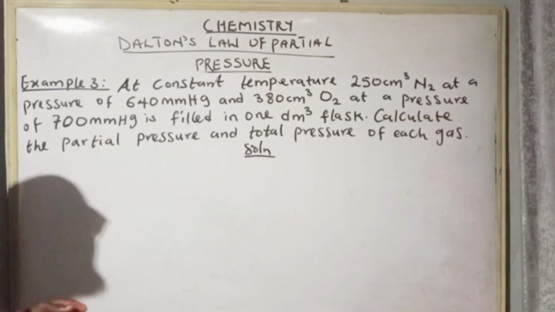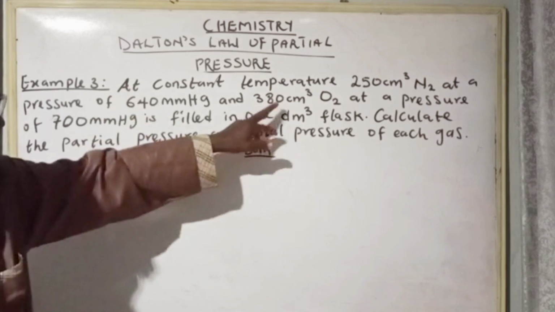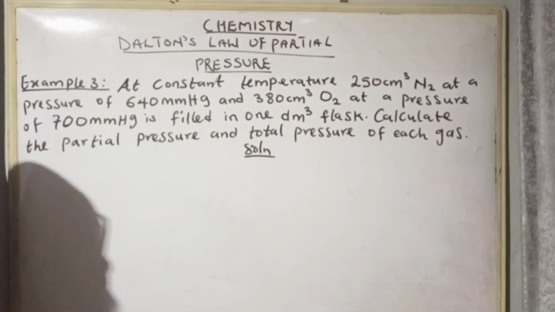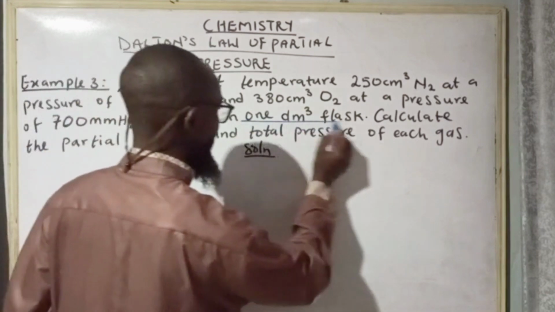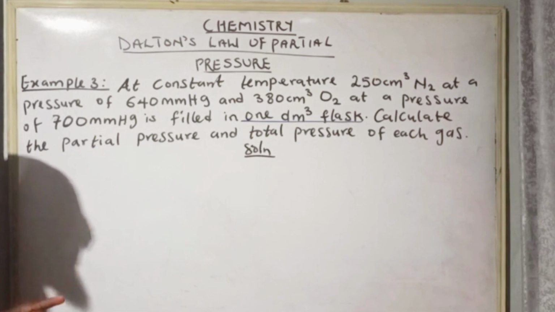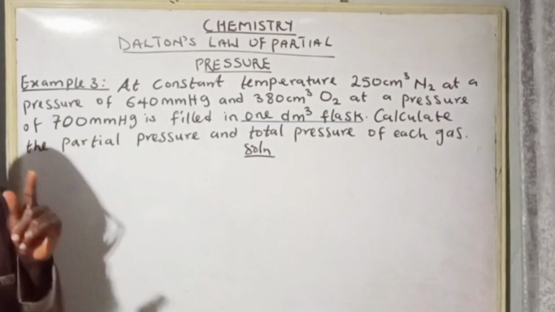Example 3. At constant temperature, 250 centimeter cube of nitrogen at a pressure of 740 millimeter of mercury and 380 centimeter cube of oxygen at a pressure of 700 millimeter of mercury is filled in a 1 dm cube flask. Calculate the partial pressure and total pressure of each gas. From here, if you look at this, at constant temperature, it gives us the idea of one of the gas laws, which is Boyle's law.